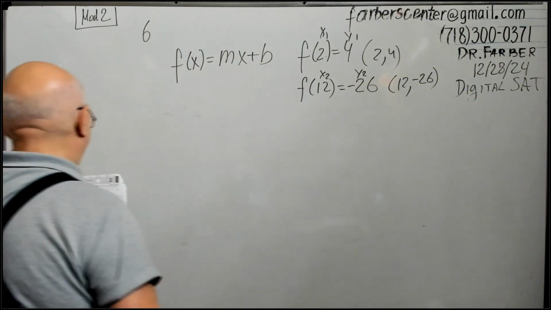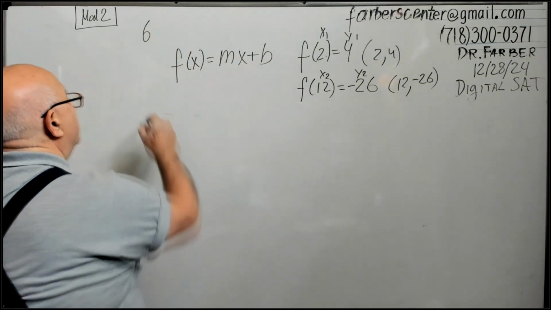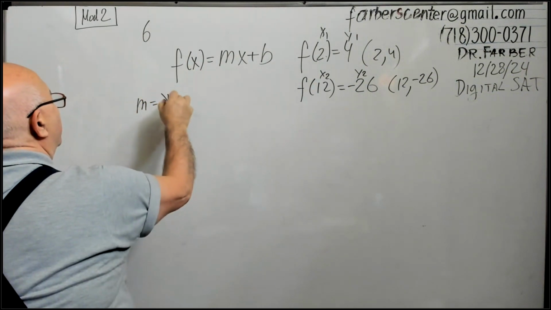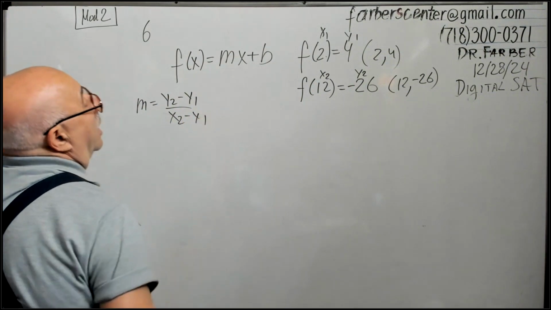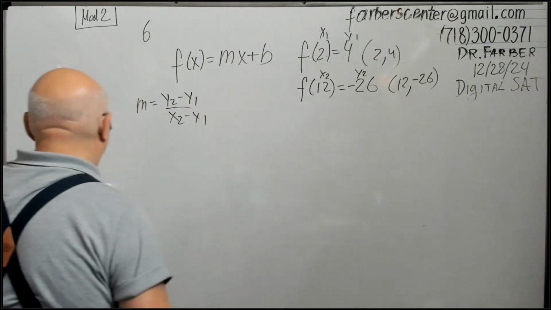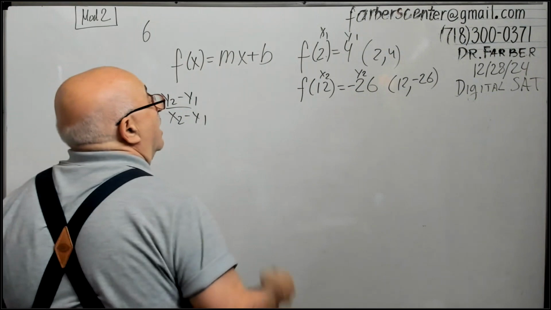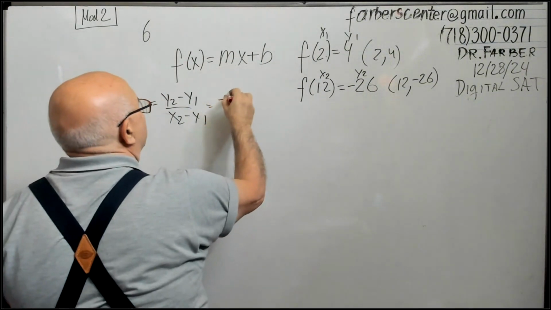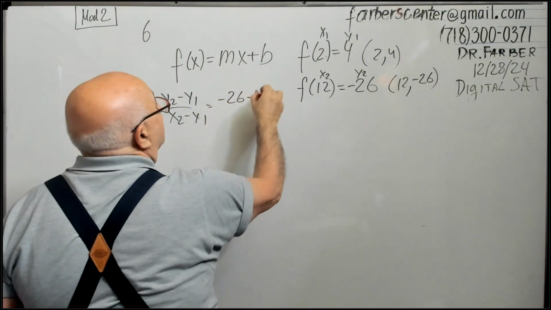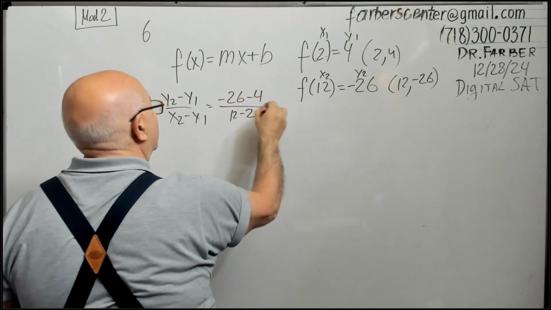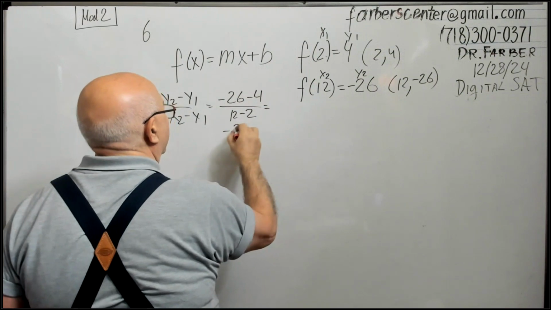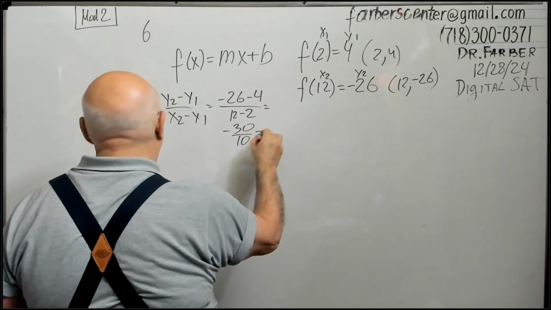One way: find the slope and put in the values that we have. Negative 26 minus 4 divided by 12 minus 2 is negative 30 divided by 10, which is negative 3.